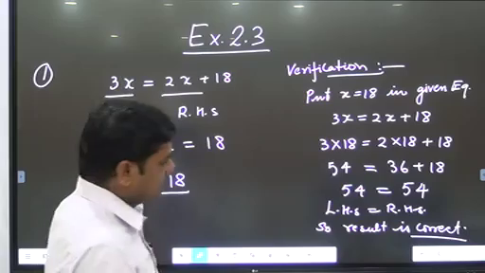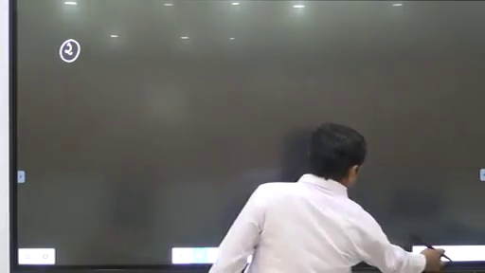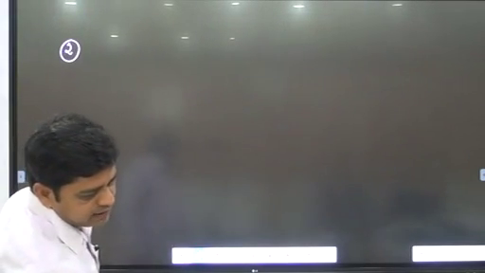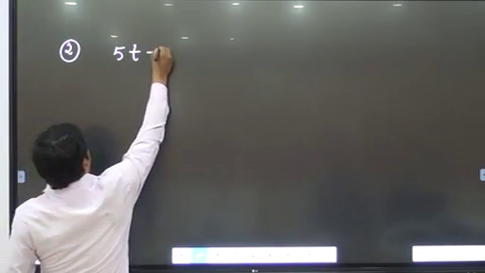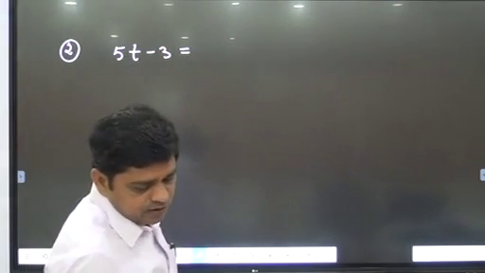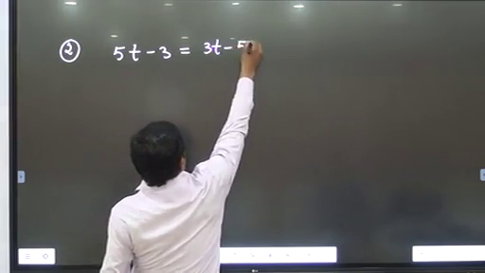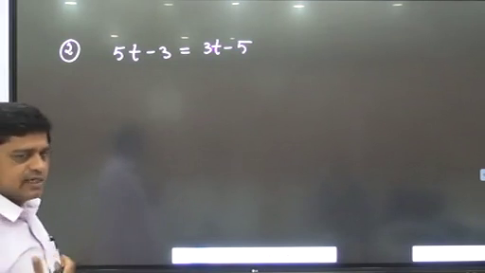Okay. So now the second question of the same exercise, NCERT book, exercise 2.3: 5t minus 3 equal to 3t minus 5. The variable in this equation is t. So according to the first rule, collect the variables on one side, the left hand side.